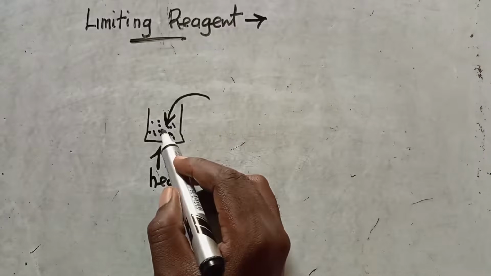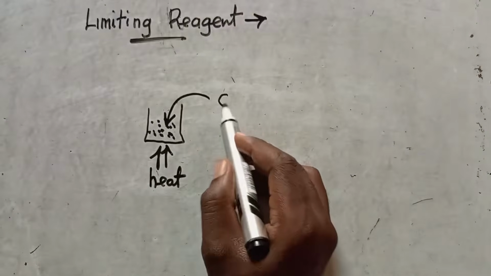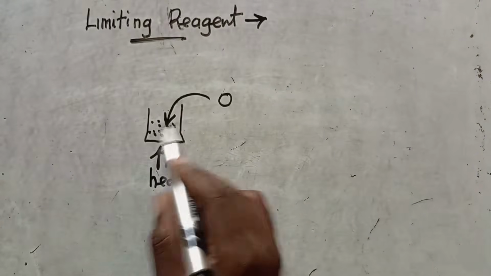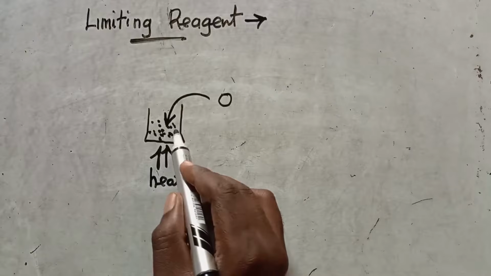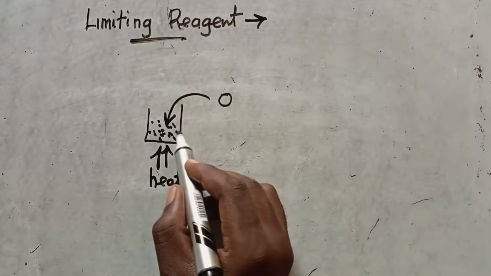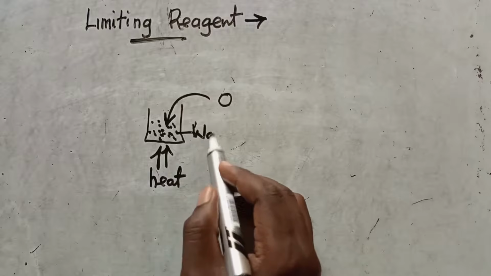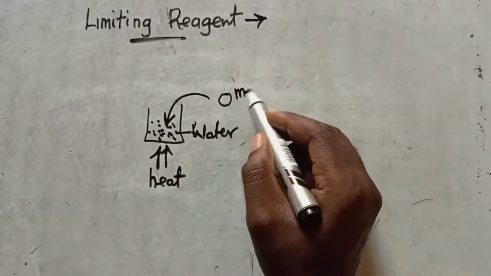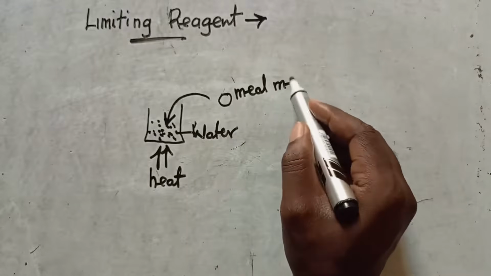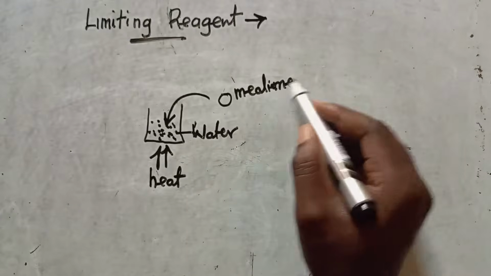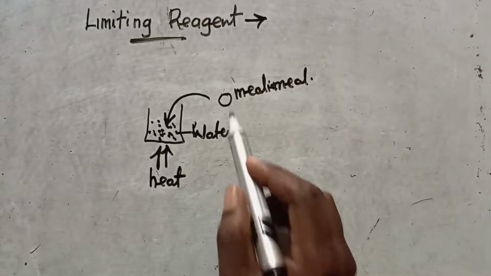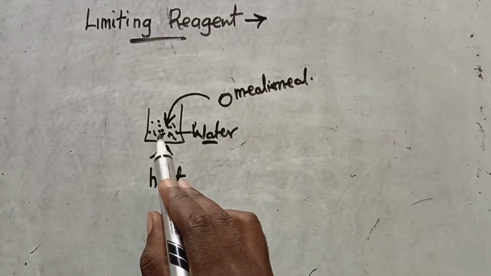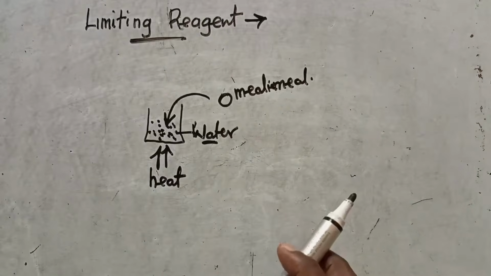You'll be putting in mealie meal. If the mealie meal is done without making a product here, a food product, you discover that we were using what? Water here. We add water there, and we add mealie meal. So we ran out of mealie meal, but water was still there, and nshima was not made.